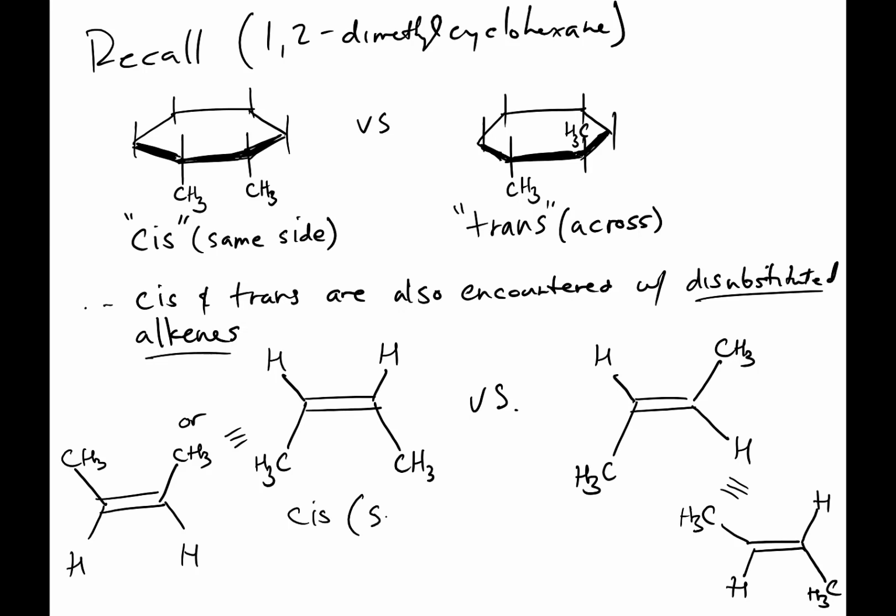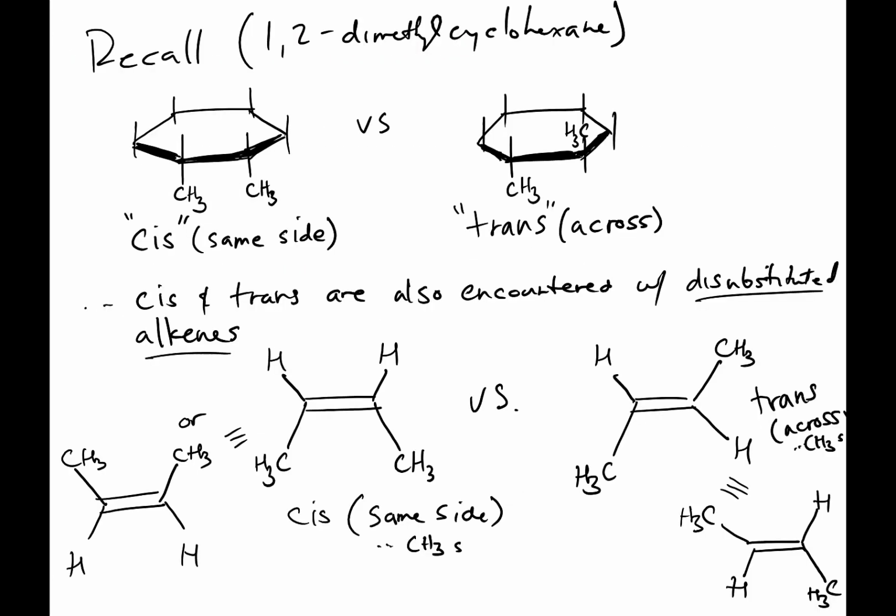So same side, the CH3s. By contrast, over here I have a trans, a cross situation. The CH3s are across the double bond from one another, or across that plane from one another.